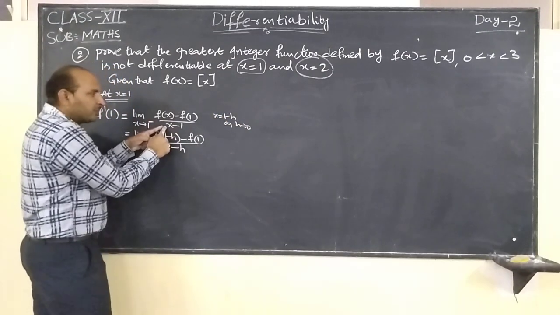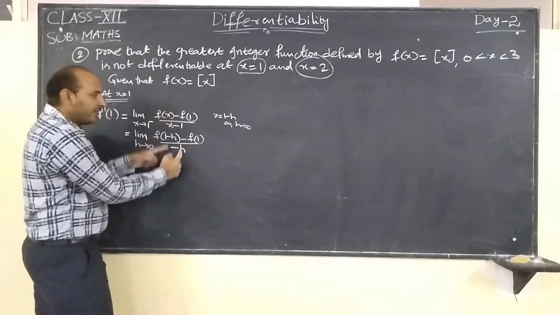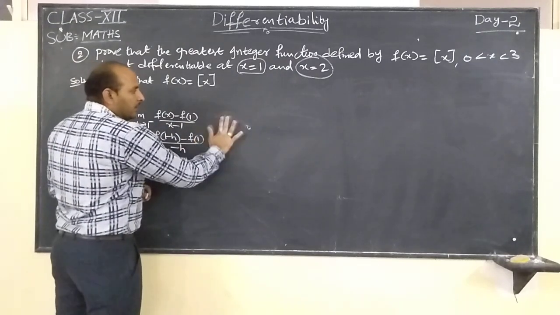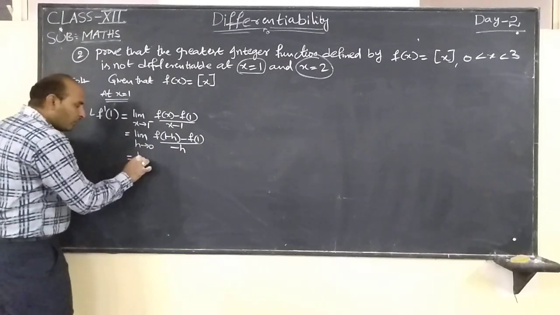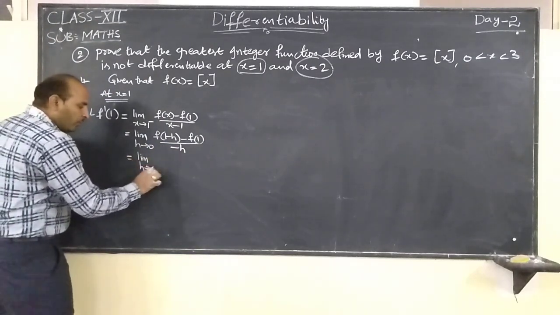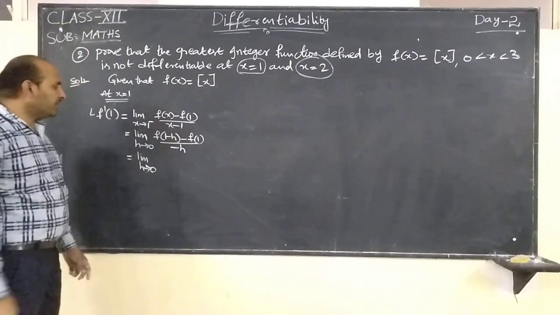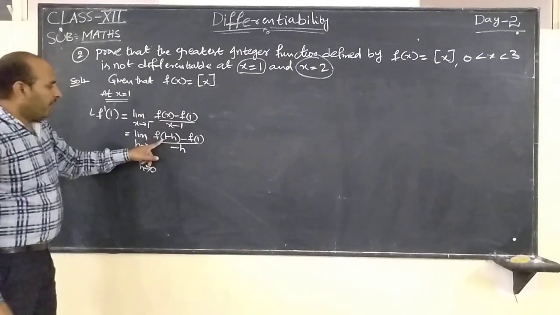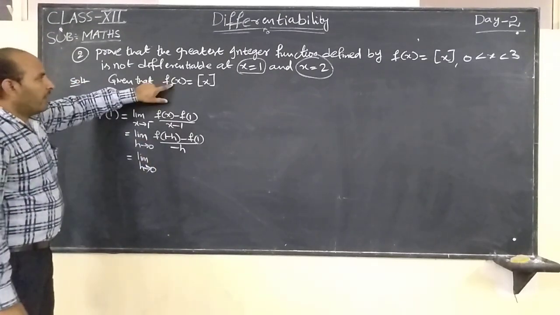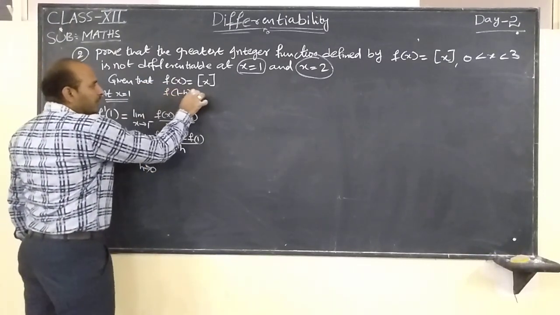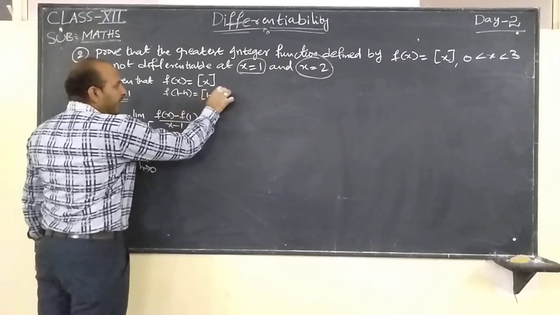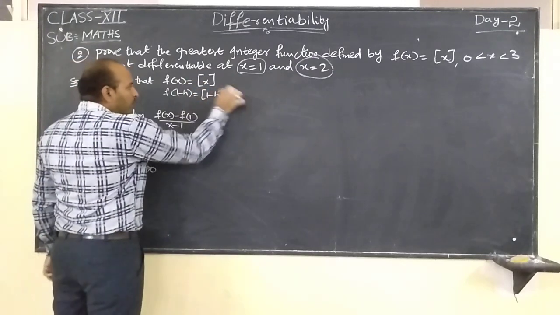That means x minus 1 is 1 minus h minus 1, the 1s cancel, so you get minus h. So the limit as h tends to 0, f of 1 minus h is equal to box 1 minus h, which is equal to how much?